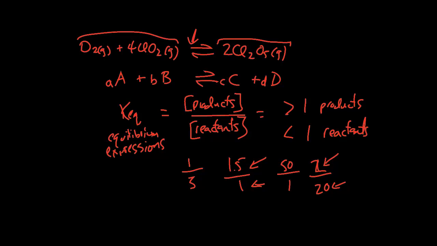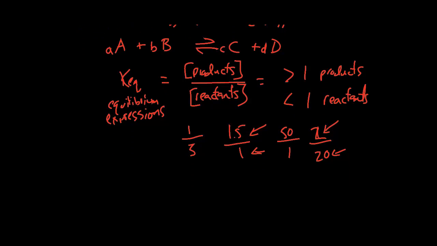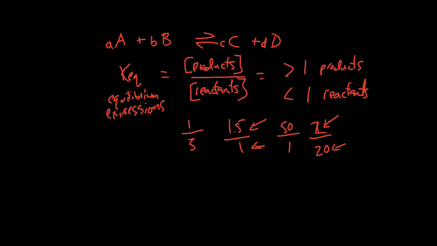So if I look at that a little bit more closely, KEQ, or my equilibrium constant, or my equilibrium expression, is going to be the concentration of products, which if I break those down, is going to be C, it's actually a bracket, times D, raised to the power of their coefficients.